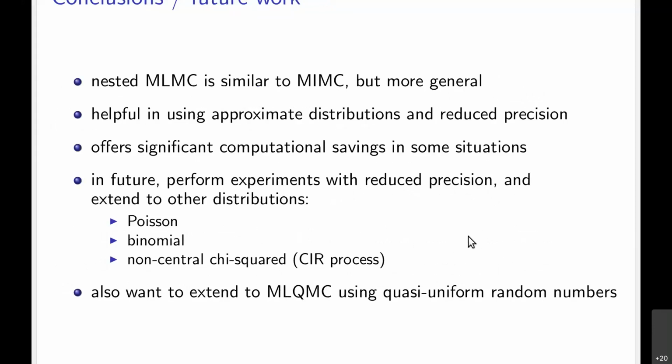Okay, so what's the conclusion from this? There's the nested multilevels. That's certainly one thing I would highlight here, that this form of nested multilevel is more general than the multi-index Monte Carlo, but in concept is very similar.